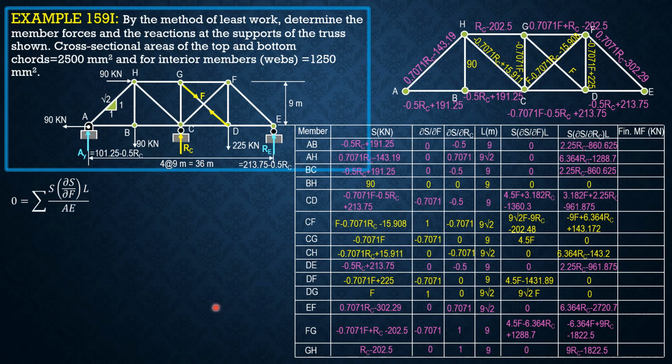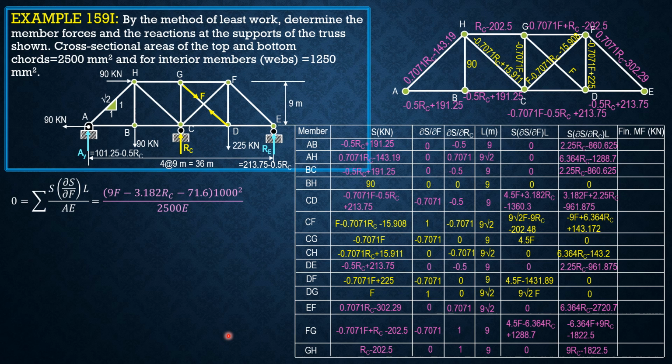Actually, this 0.028 may be ignored, but because we base it on the results above, we just consider it. Anyway, the answers for F and RC will not be affected. Combining like terms, E will cross to 0, so it's still 0.